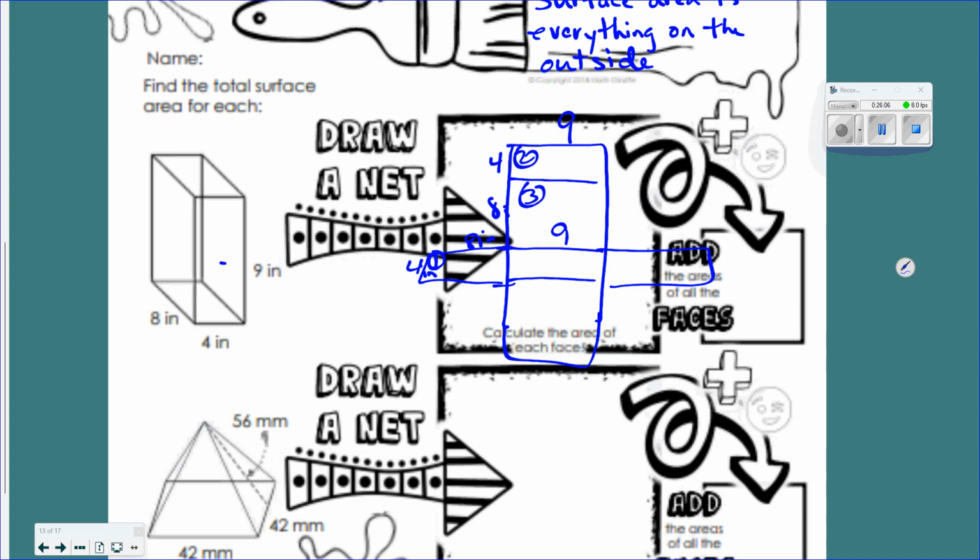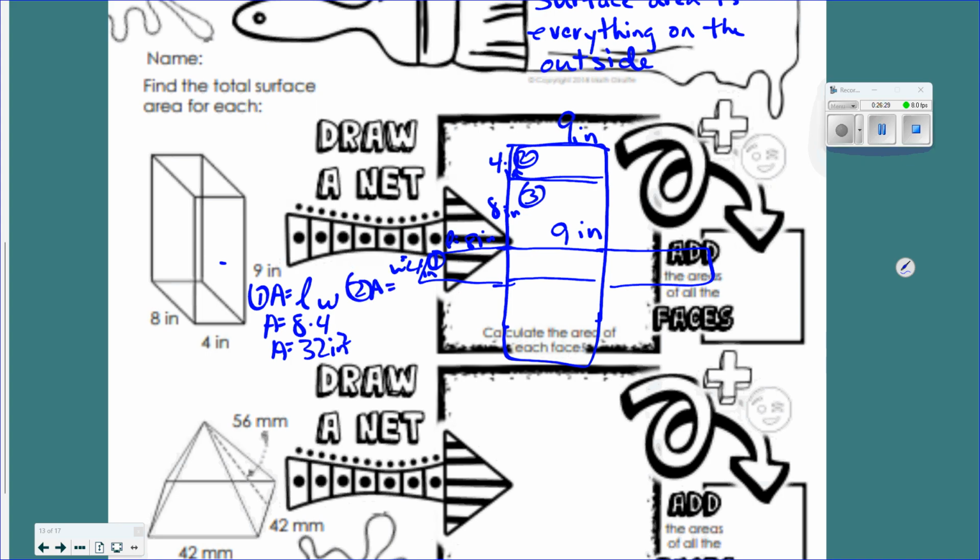One. I've got a length of 8 and a width of 4. So 8 times 4 gives me 32 square inches. Number 2 is this one here on the end. So that one is going to be a width of 4 and a length of 9.